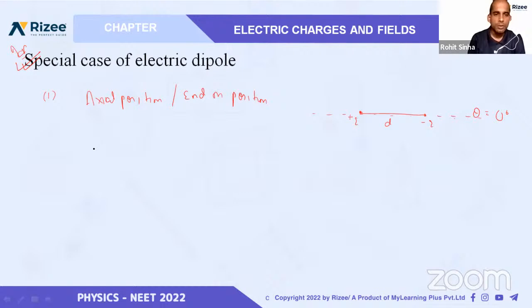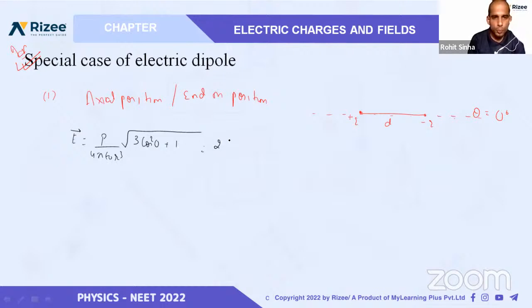Okay, now at the axial position, we can write E. What will E be? E will be P by 4 pi epsilon naught r cube under root 3 cos square theta plus 1. Cos square 0 is 1, so 1 plus 3 cos square theta gives 1 plus 3, which is 4, under root 4 is 2.